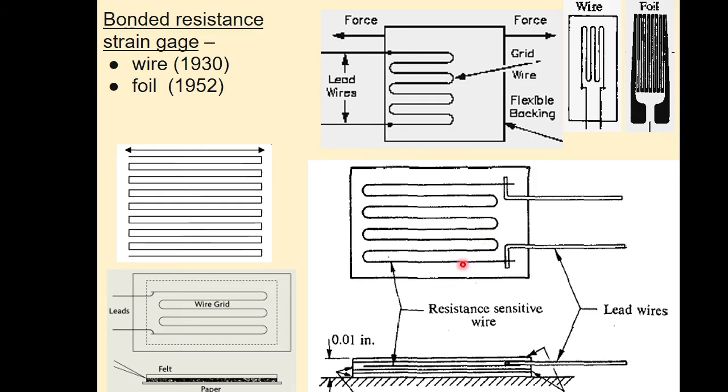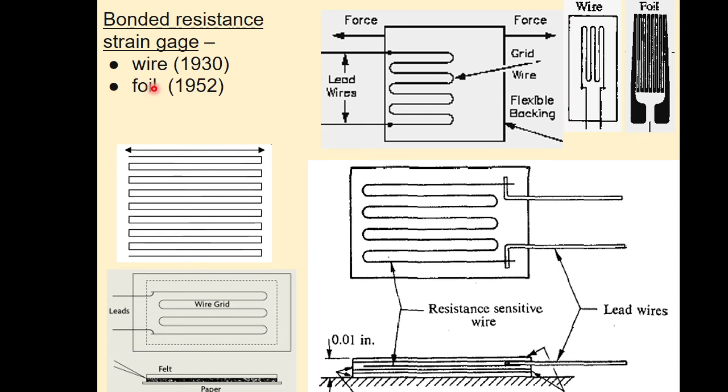But anyway, these were the strain gauges that were available in the early 80s. Although the foil gauge was developed in 52, before 1980 it was not much used as such. They were very costly.